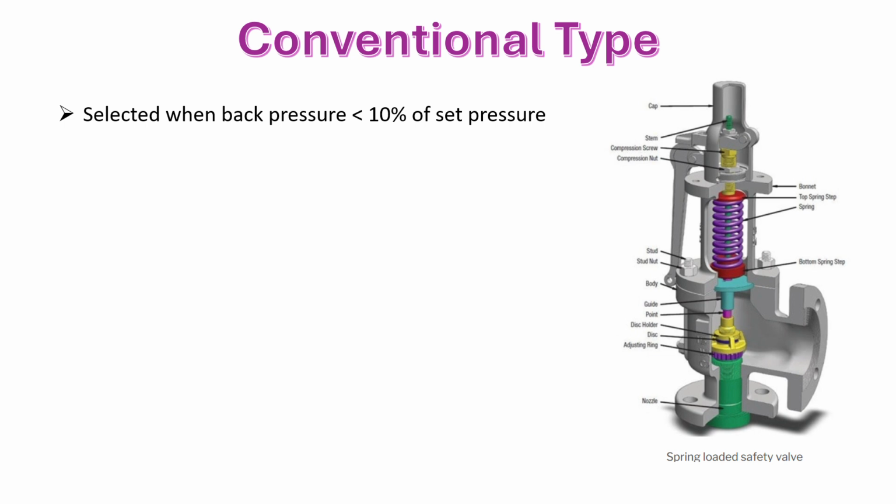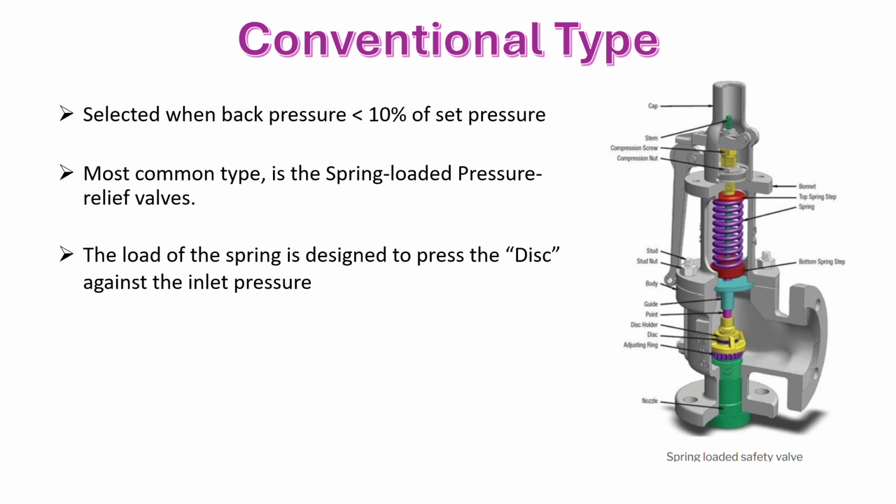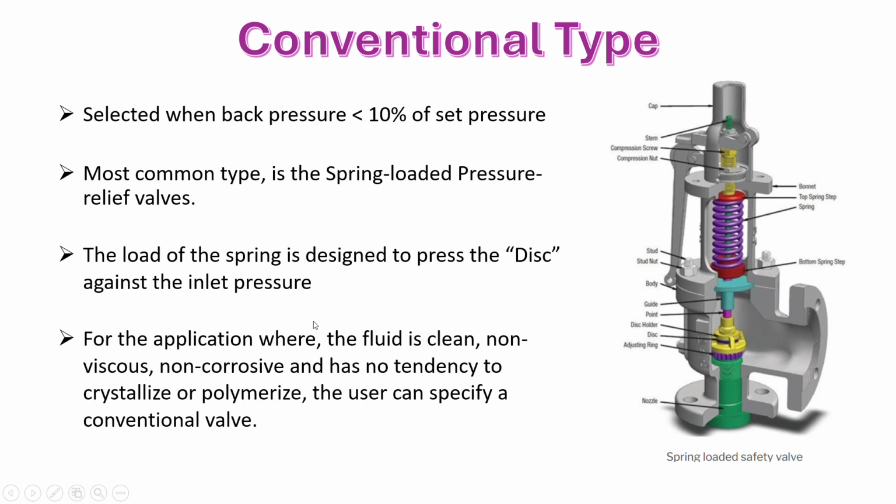Another thing is that this is the most common type, and it is a spring-loaded pressure relief valve. The load of the spring, as I already discussed, is designed to press this disc against the inlet pressure. It is used for applications where the fluid is clean, non-viscous, non-corrosive, and has no tendency to crystallize or polymerize.